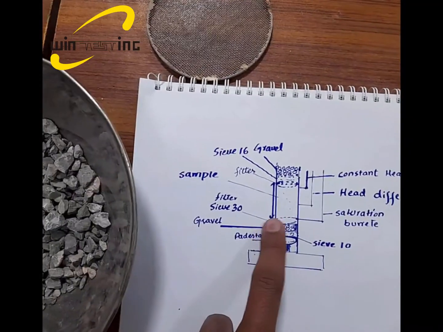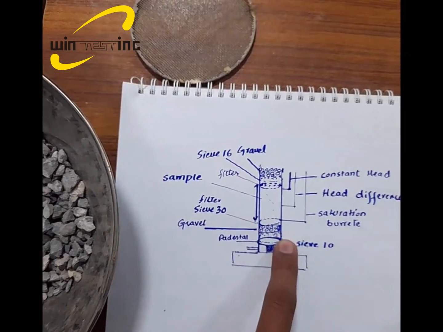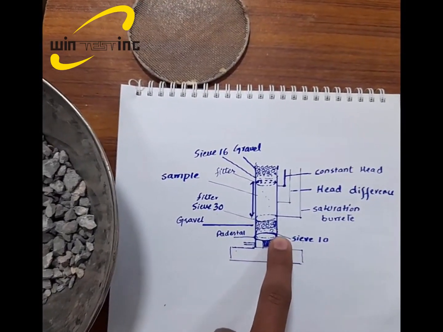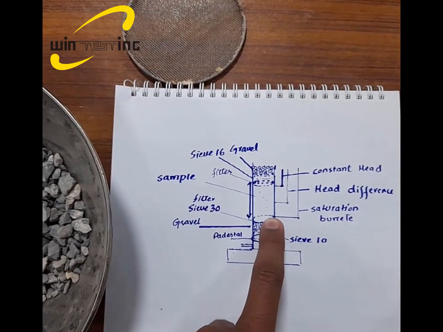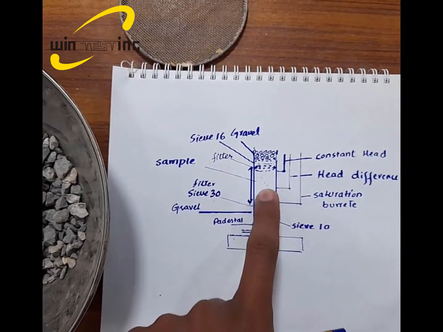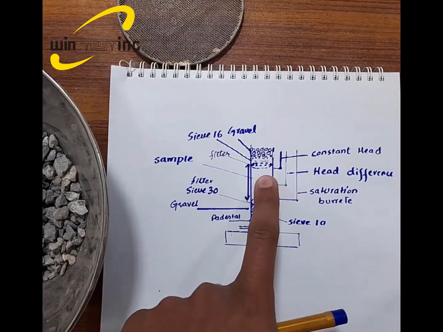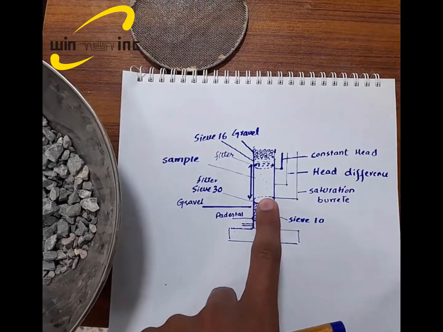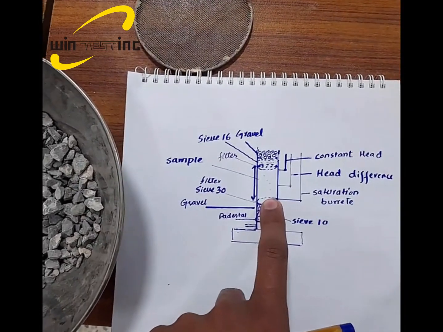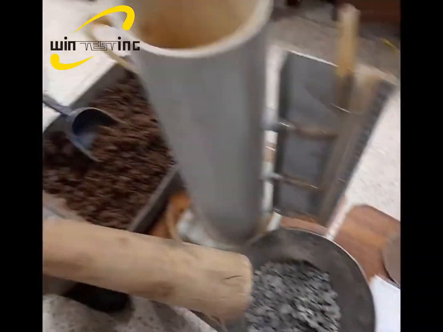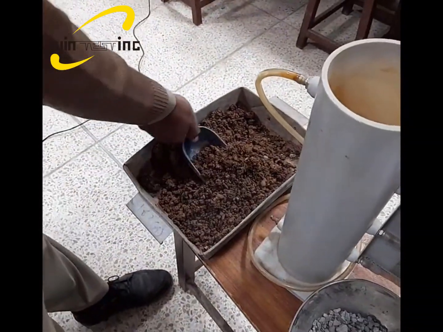Now here you can see this much height is filled up with the assembly apparatus. Now we'll place the remolded soil sample. We'll place the soil sample over here and we'll tamp it with the wooden rammer. So now we'll place the soil sample.